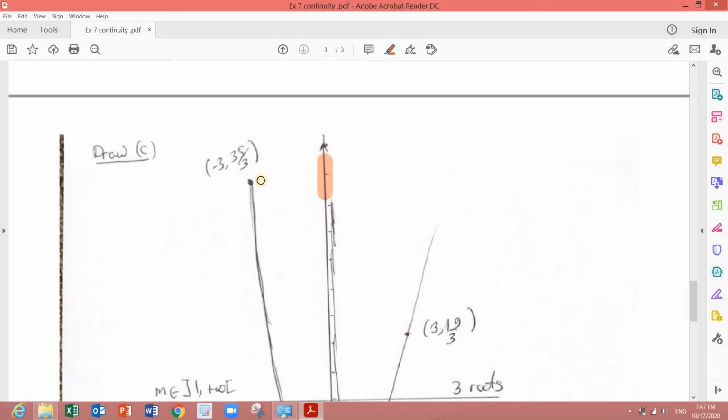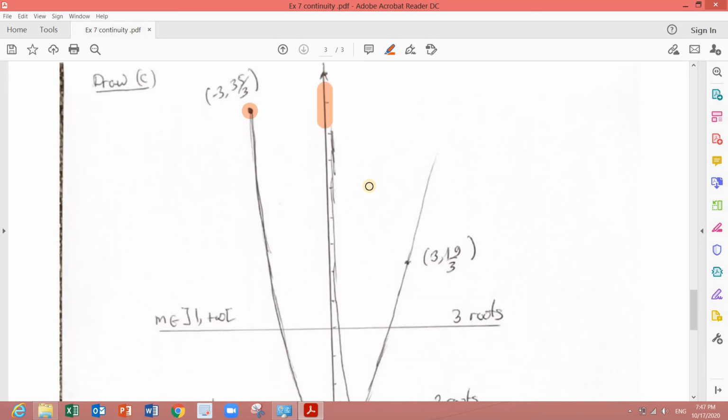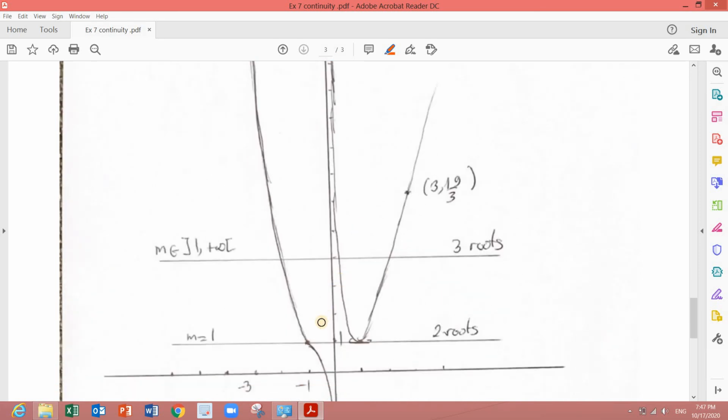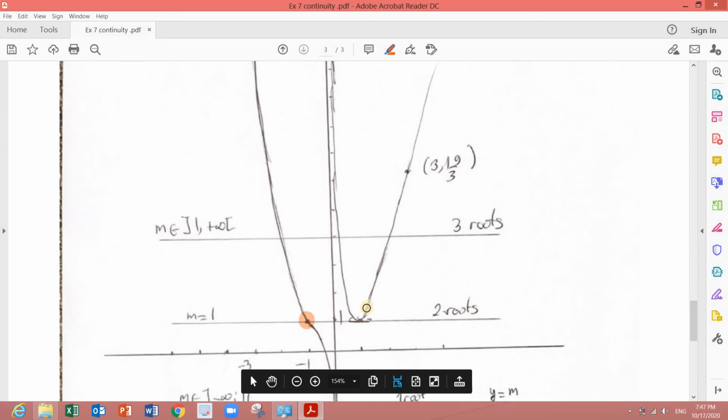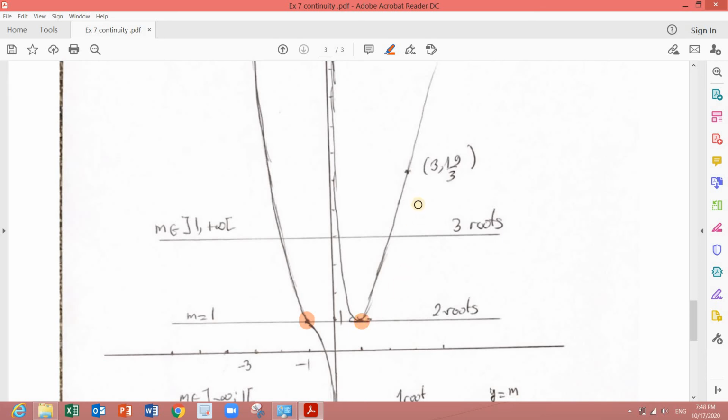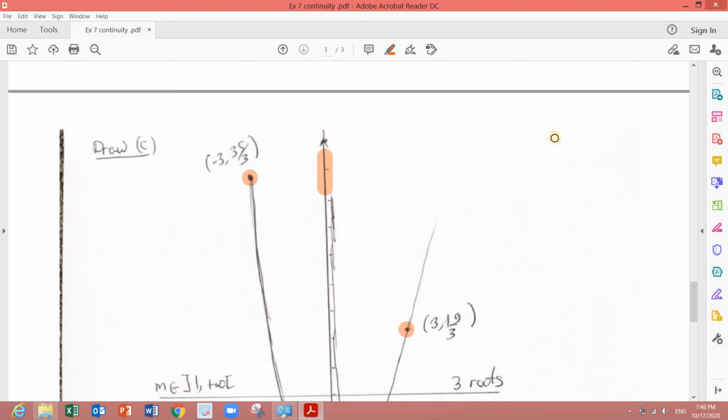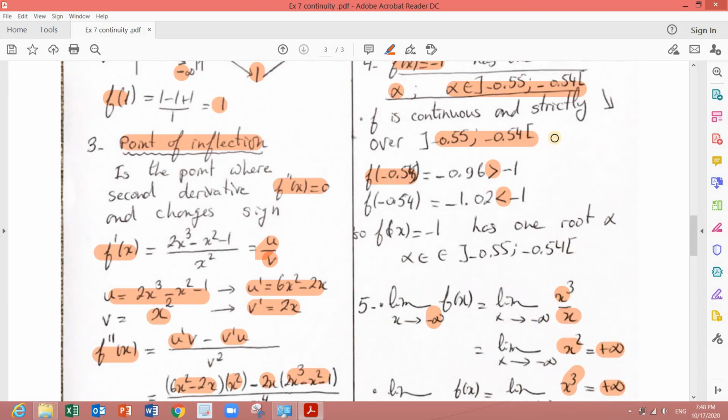This point is minus 3, 35 over 3. This is the point of inflection, minus 1, 1. This is the point 1, 1, the maximum point. And this is the particular point 3, 19 over 3. So to draw the graph, we have to follow the table of variations.